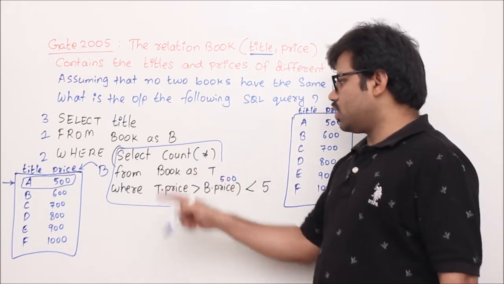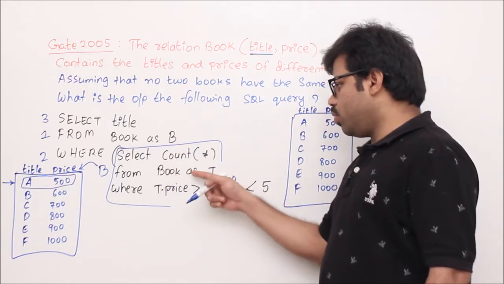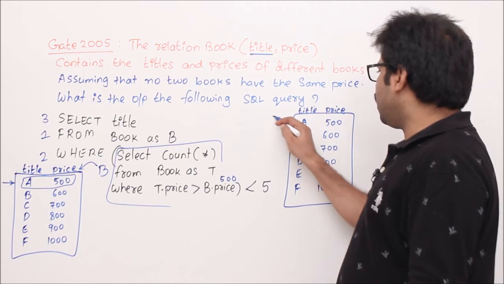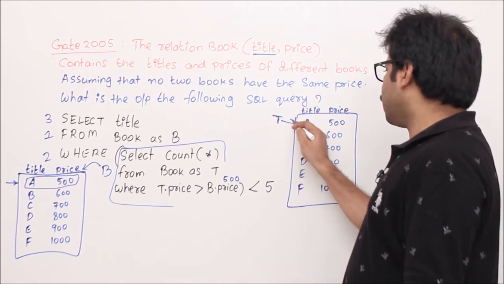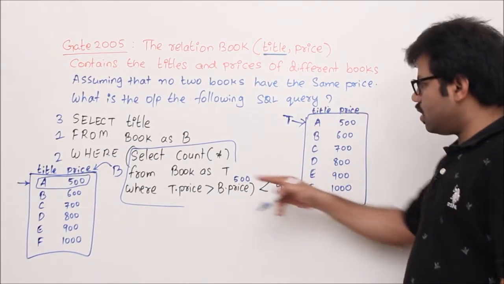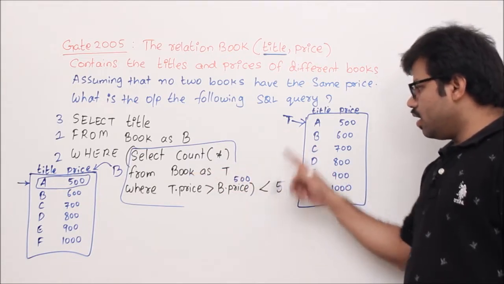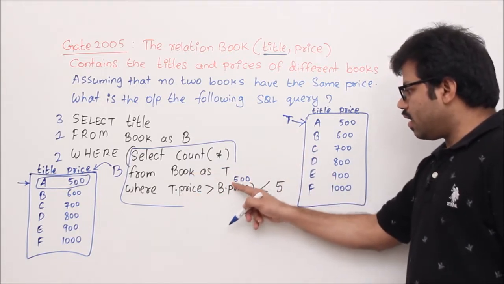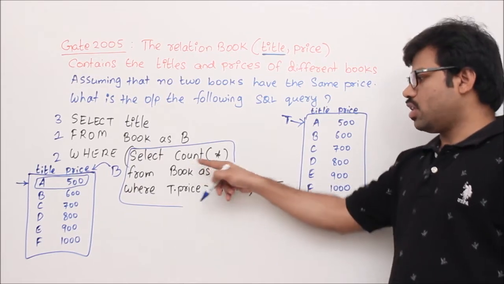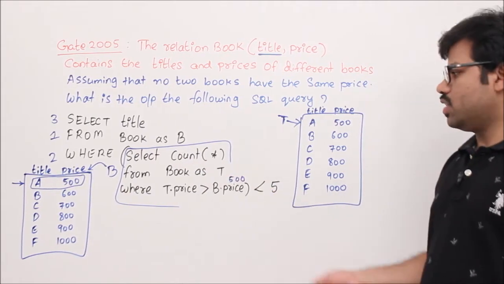Let's try to understand this query. Select count star from book as T. So there is another instance of book, that is T, and on that T this query is evaluated. So take every tuple from T. Whenever T dot price is greater than 500, such tuples should be counted. That is the meaning of this query.